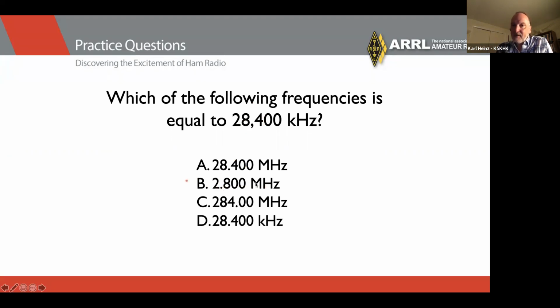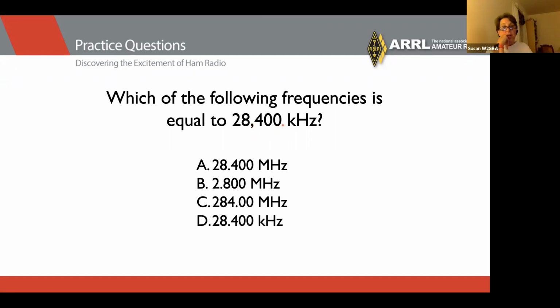It cannot be B. So 28,400, if we move the decimal point, put your cursor back where the decimal point really is. It's down at the other end. No, that's the comma. Go the other way. Oh, here. Yes, that's what I mean.